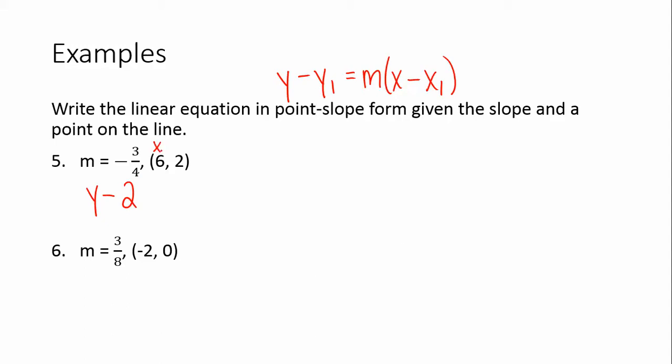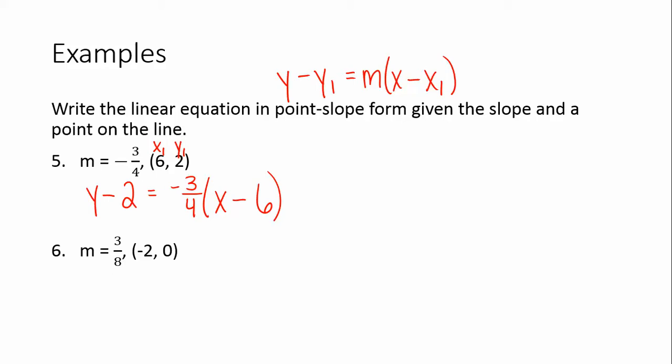If you want to label the ordered pair x1, y1 to help you remember which coordinate goes where, that's fine, equals -3/4 times x minus 6. Again, it is a positive 6, but the formula has a subtraction sign in it, so it's x minus +6. And that's all we have to do.